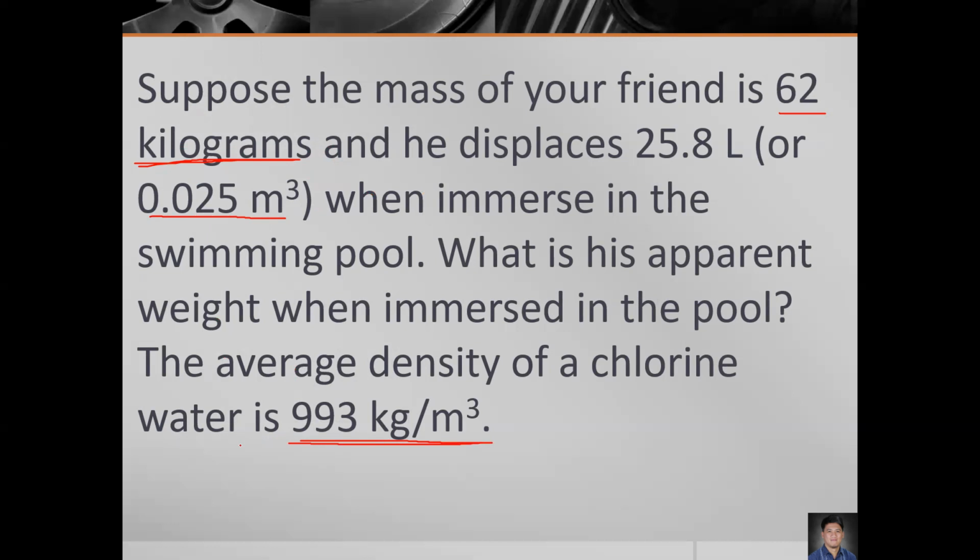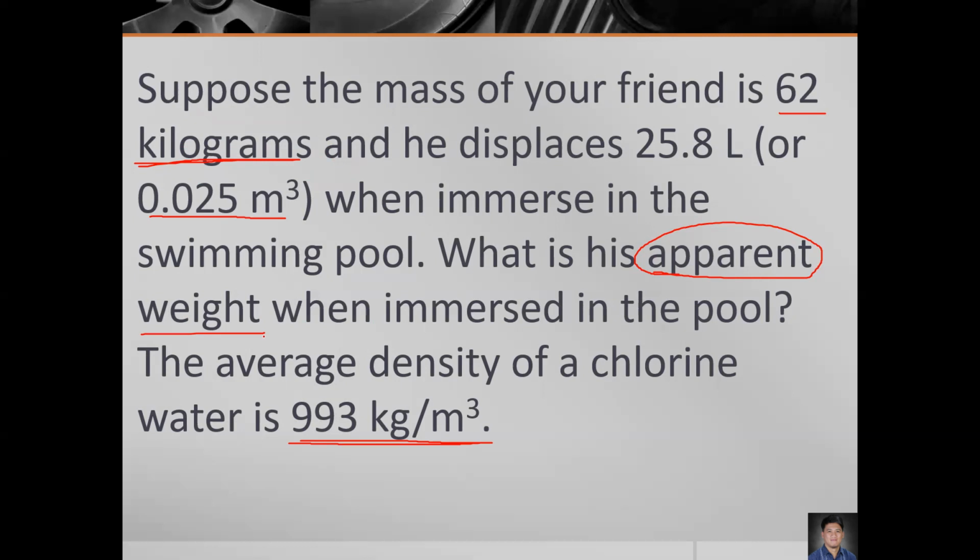Okay? So what we will do here is find his apparent weight. When you see apparent weight, this is the weight of the object while it is immersed in the fluid. To do that, using buoyant force is equal to the true weight subtracted by the apparent weight, we can solve for its apparent weight.